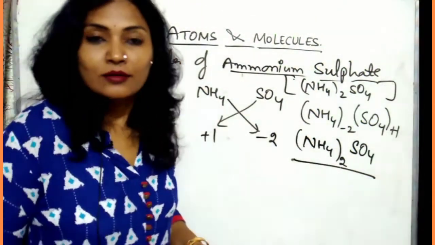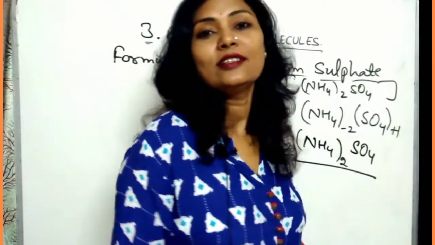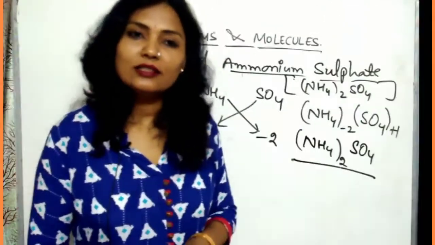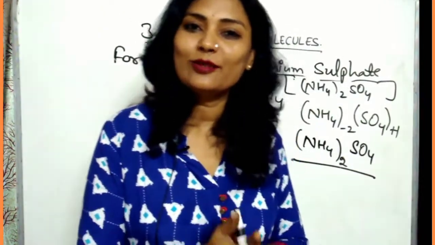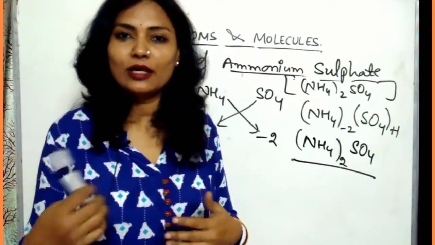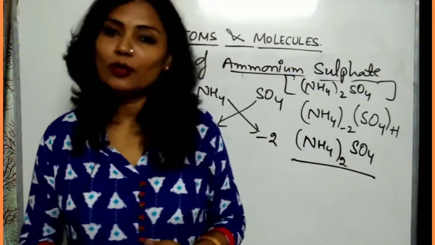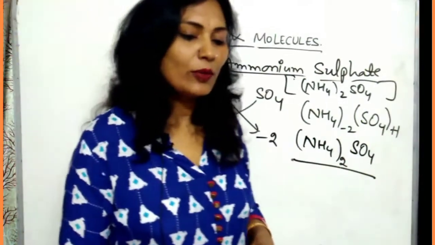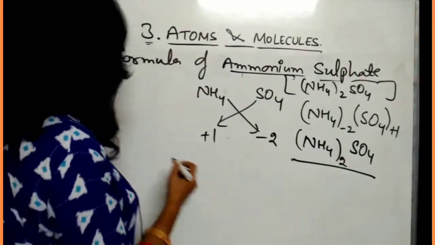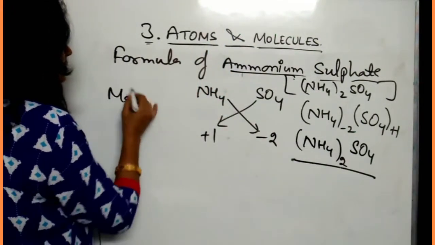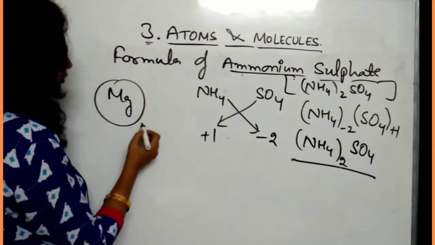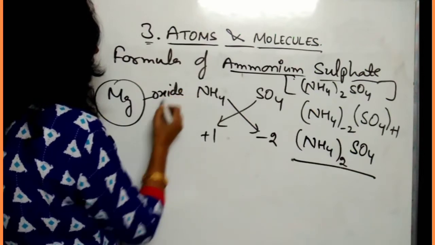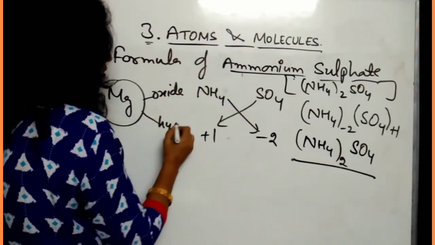Okay, I think we have written a lot of formulas, and if you have any problem regarding the formulas, then I can give you the explanations of other formulas also. So please practice these formulas, and you can make the formula of magnesium. You can take magnesium, and with magnesium you can write the formula of magnesium oxide, then magnesium hydroxide.